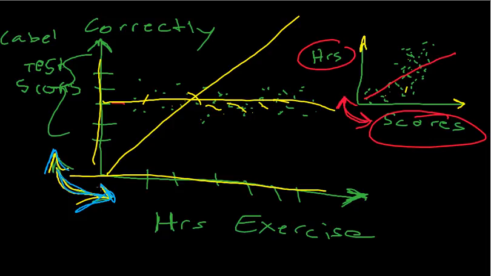So you gotta ask yourself, when you're reading through this, is there a relationship, and if so, which one depends on the other? Do test scores depend on how much you exercise, or does how much you exercise depend on your test scores?